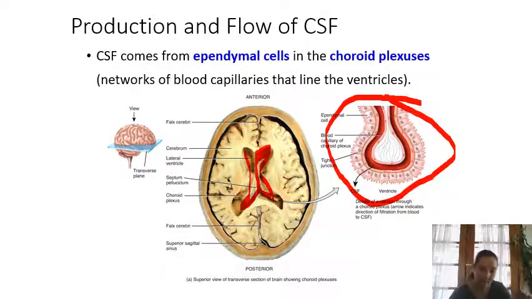As blood flows through the capillaries near these ependymal cells, the ependymal cells are able to filter the blood and create cerebrospinal fluid from that filtered blood. All right, so it's basically filtering any possible toxins out, and then allowing you to create cerebrospinal fluid that's going to continue to circulate around in those ventricles and also in the subarachnoid space.